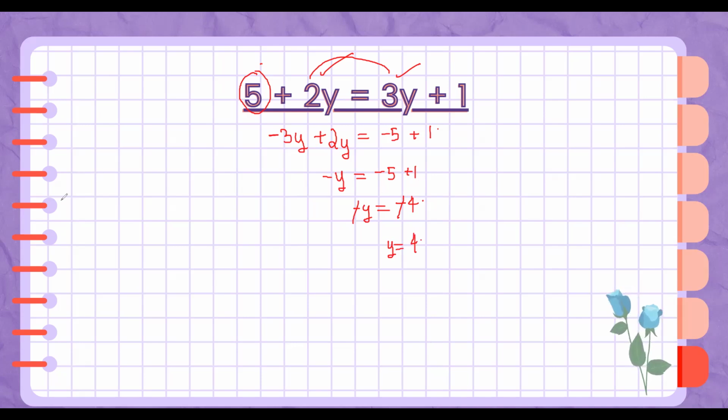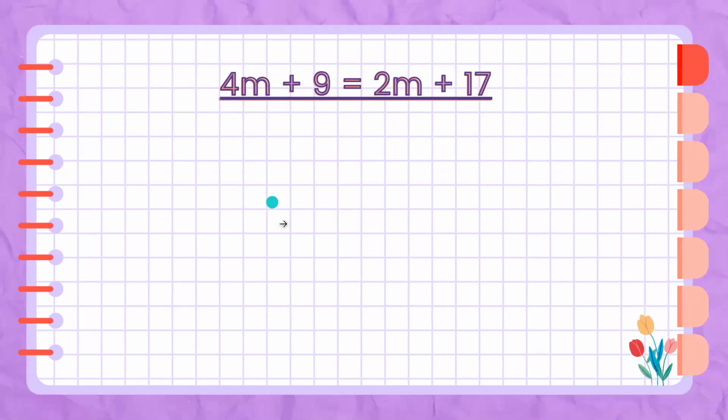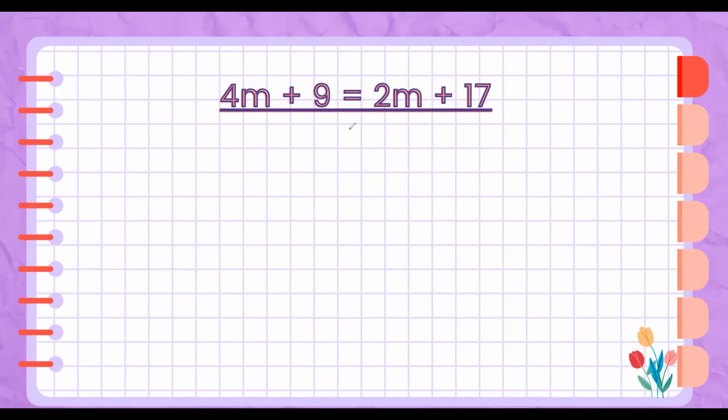Okay, let's see another. 4m plus 9 gives you 2m plus 17. Here, what are some like terms? 4m and 2m are like terms. So 4m plus minus 2m, because it will change its operation, which is nothing but 4m minus 2m.